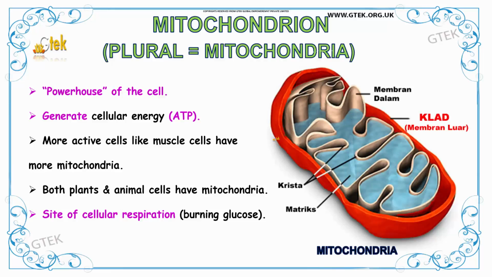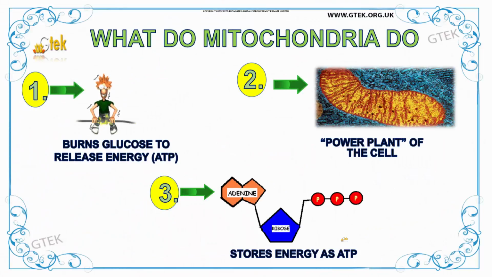It is the site of cellular respiration, burning glucose. Here you can see the mitochondria. What do mitochondria do? They burn glucose to release energy, that is ATP, and they are the power plant of the cell, and finally they store the energy as ATP.